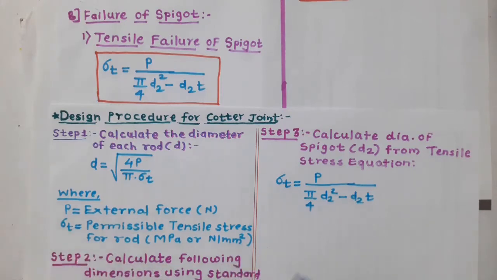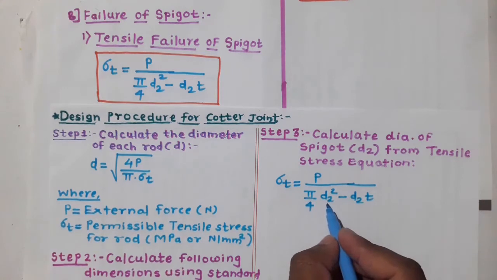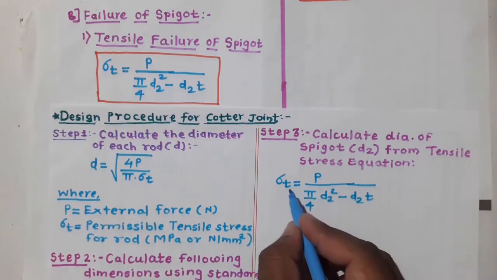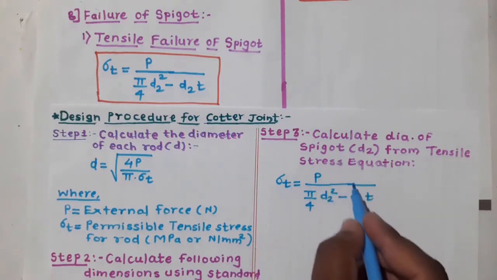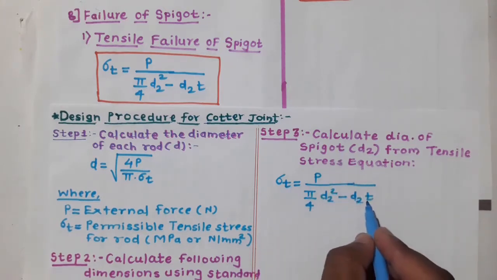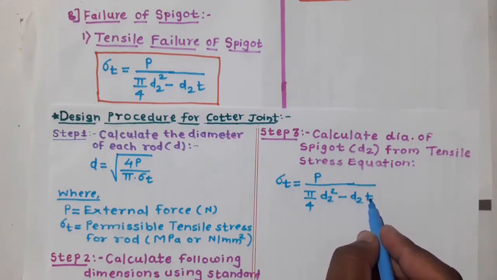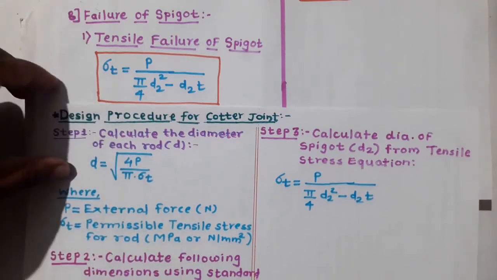Here we have to calculate this d2. This sigma t is nothing but the permissible tensile stress for this spigot. T is nothing but the thickness of cotter, and this thickness of cotter we have calculated in step number 2 here.